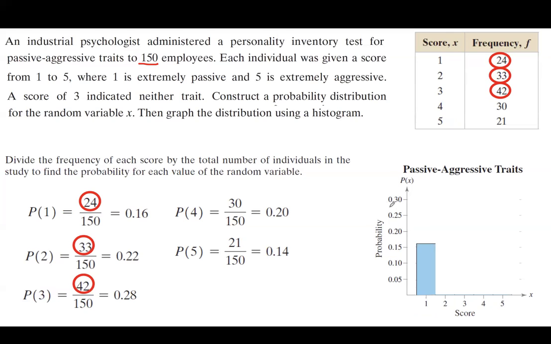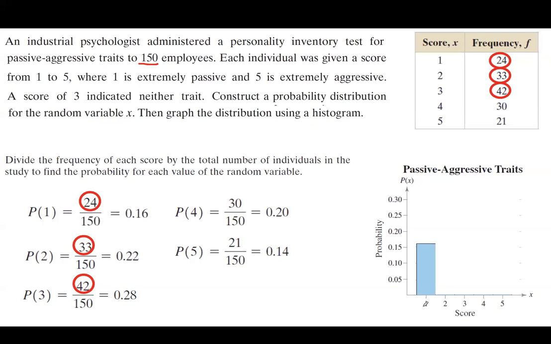Why are we using 30% as the maximum? Because you have 16%, 22%, 28%, 20%, and 14%. The maximum is 28%, so let us just scale it to 30%. We don't have to go to 40% or 50%. We can just stop at this point.